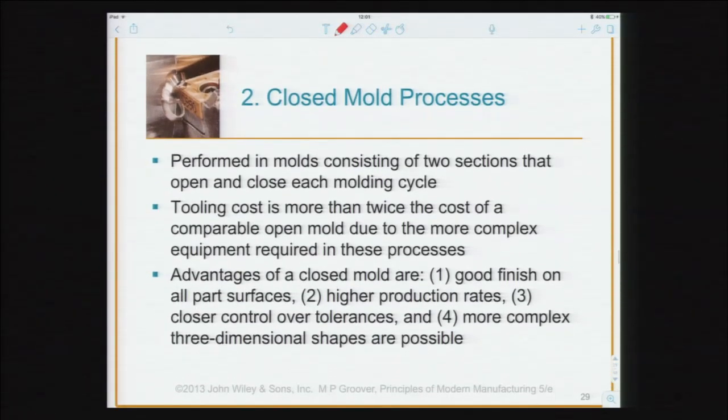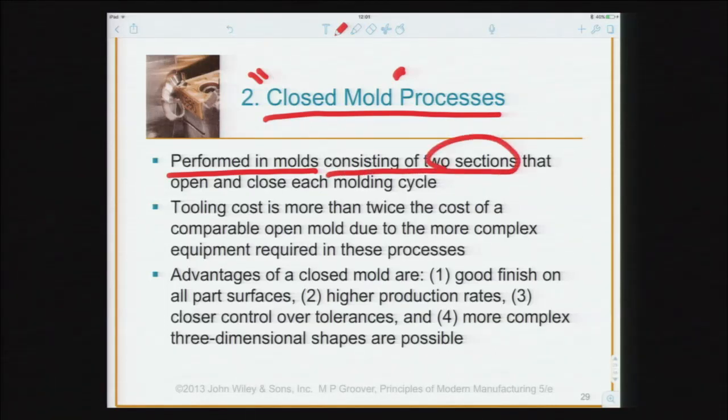Alright, so let's move on to the second category, closed mold processes. I believe you know the meaning of closed mold. In this category, they all use a closed mold in the process. They are performed in molds consisting of two sections that open and close each molding cycle.